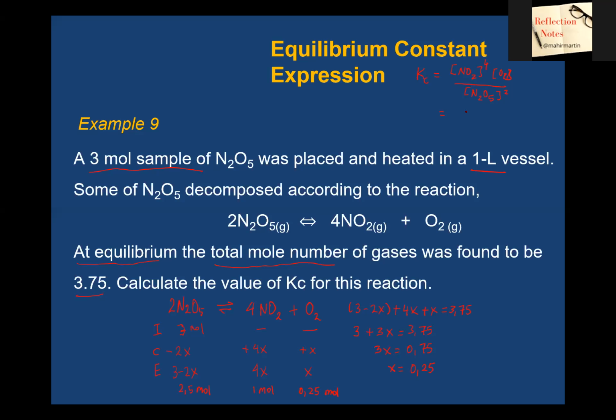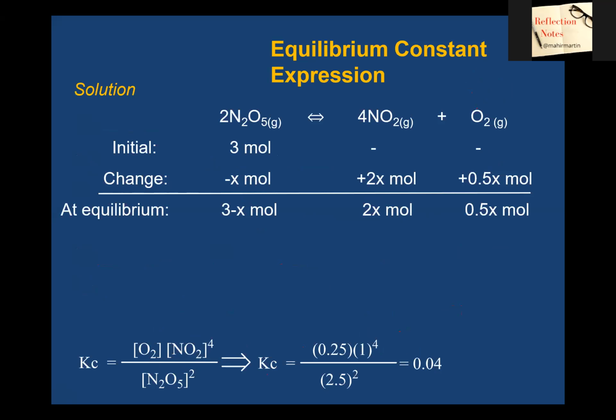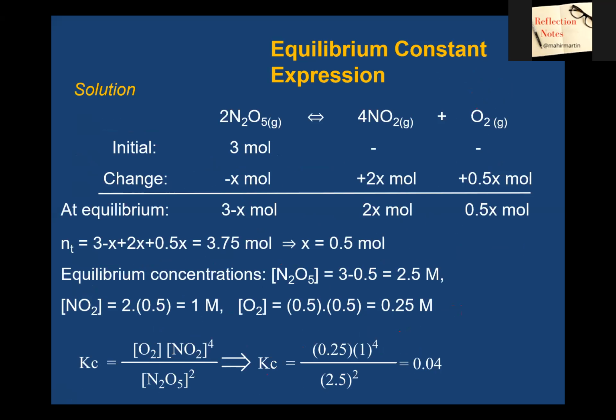NO2 is 1, so 1 to the power of 4 is 1. O2 is 0.25. Divided by N2O5, which is 2.5 squared. Now it is just a mathematical equation here. So what did we get, the result? Okay, this is the result, guys. 0.04.